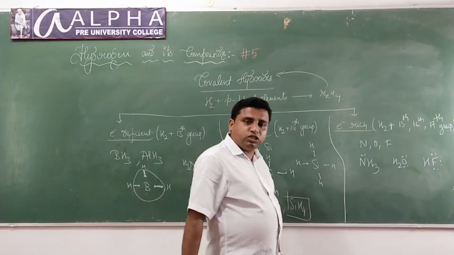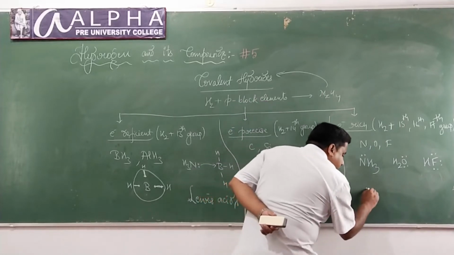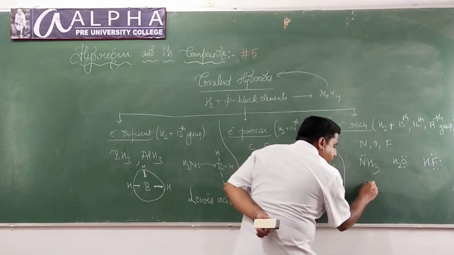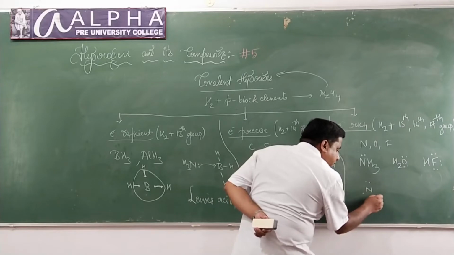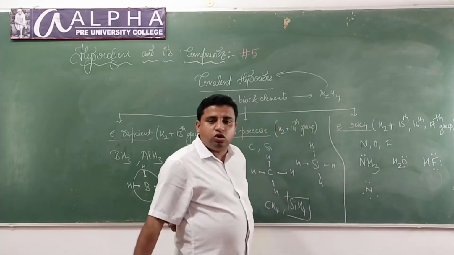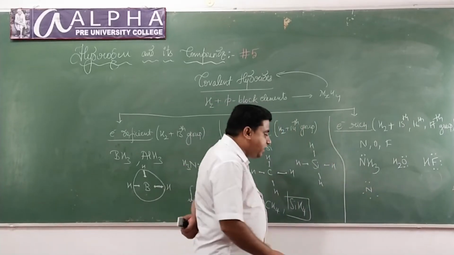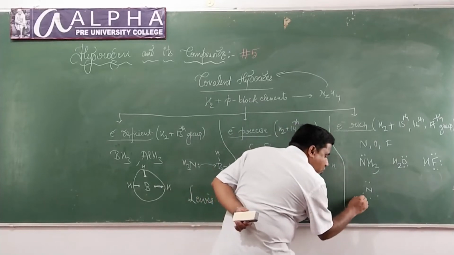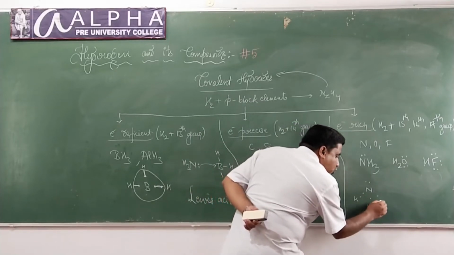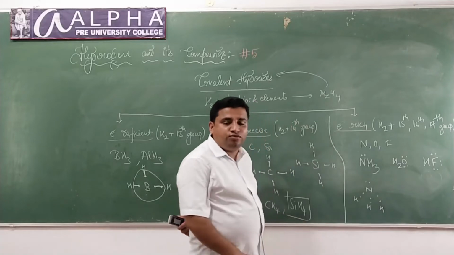If you look at the structure of ammonia, nitrogen has 5 electrons in its outermost shell. Nitrogen shares only 3 electrons to form bonds with hydrogen, and 2 electrons are not involved in bond formation.